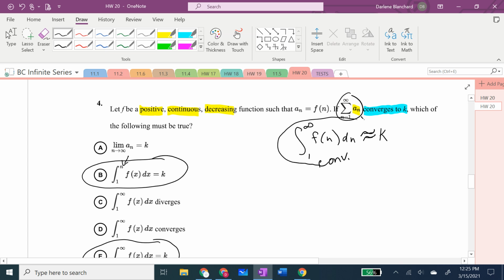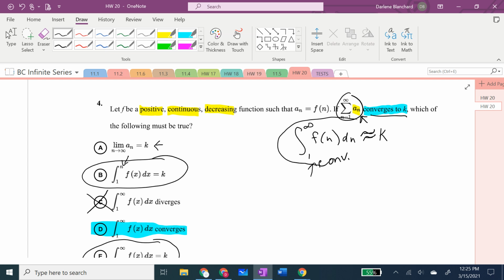So that means if your sigma converges, which you're told it does, then the improper integral converges. And that's where we get that D has to be correct. We know C is out. And then on letter A, that's really problematic because that's saying the term itself, which should be heading to 0 if we're going to be getting converge.